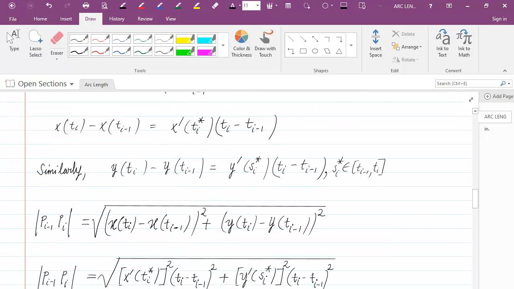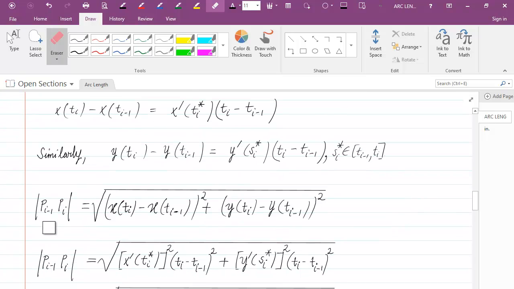What we're going to do is look at the length of the line segment from P_{i-1} to P_i, which is equal to this expression. Now here, x(t_i) - x(t_{i-1}) can be replaced with the quantity here, x'(t_i star) times (t_i - t_{i-1}). And then similarly, y(t_i) - y(t_{i-1}) can be replaced with this quantity here. So let's do that.